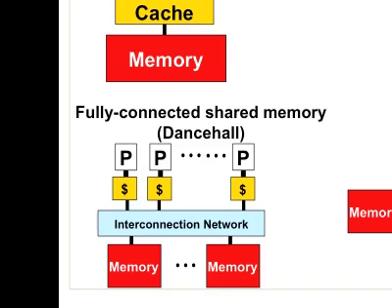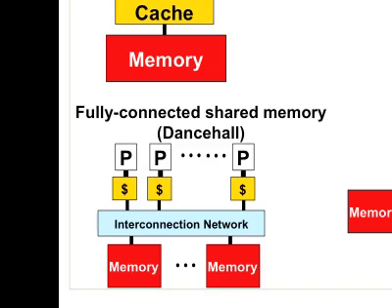The third one we're looking at, bottom left, is the fully connected shared memory. What that means is, again, each processor has its own private cache, and these private caches are connected to an interconnection network, which is different from a bus. The major difference is that for a bus, you can only have one conversation at a time.